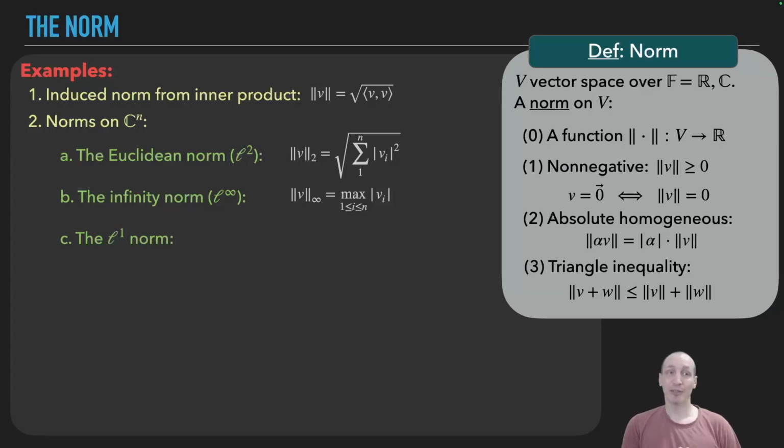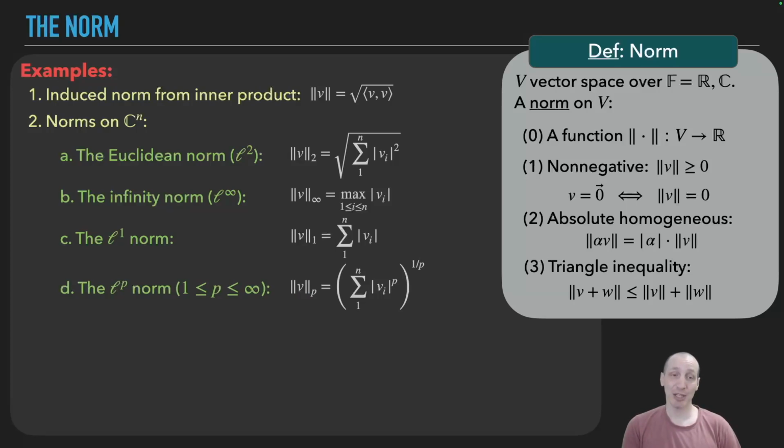The third one in this family is called the L1 norm, and it is the sum of the absolute value of Vi. This is again very important, very useful, a little bit less I think than the L infinity norm, but again you will find it in many places. And finally, these three types of norms are actually part of a very large family called the LP norm, where P goes from 1 to infinity.